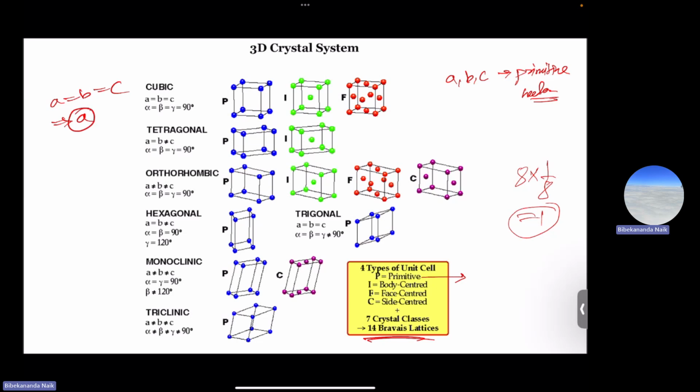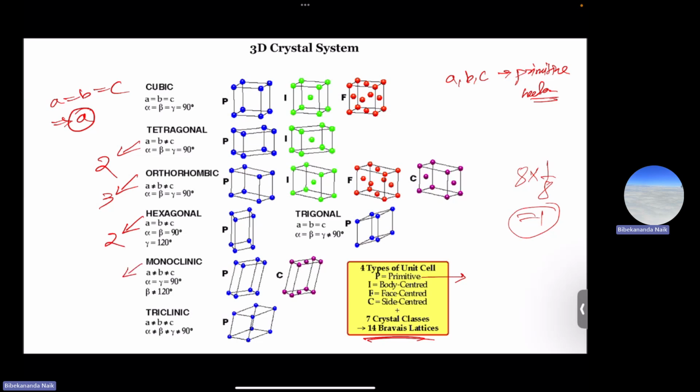But in case of tetragonal, since a equals b not equal to c, there are two lattice parameters. In case of orthorhombic, a not equal to b not equal to c, so there are three lattice parameters.